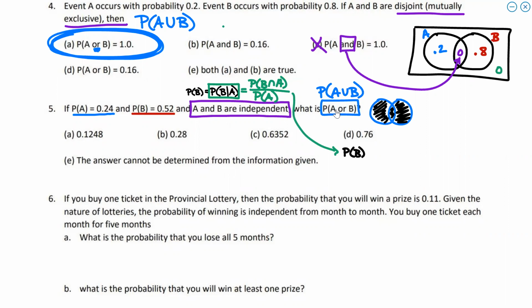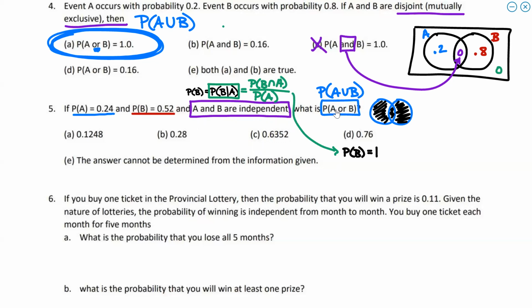But we could do it either way. Yeah, you're right. We could look at probability of B is equal to the probability of B if A happens. Or we could say the probability of A is equal to the probability of A if B happens. If they're independent, this should be the case.